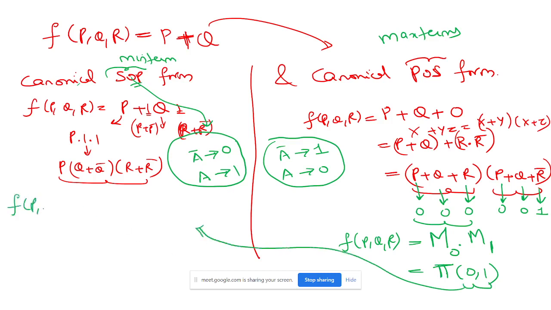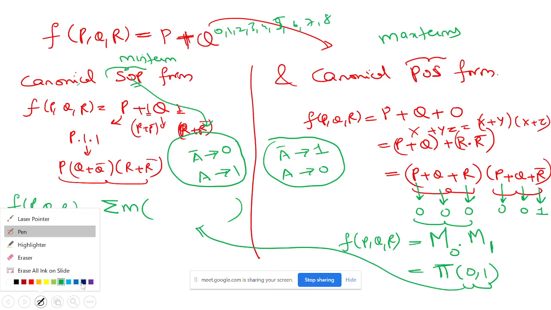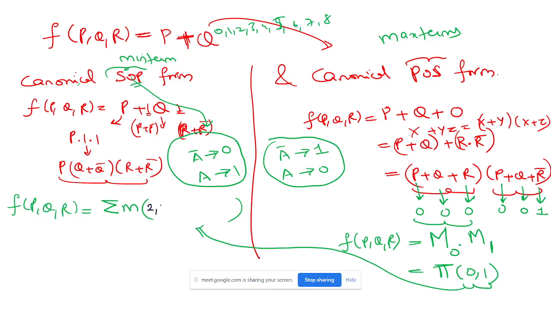So f of PQR can also be written as sigma m of 0, 1. How many minterms are there for 3 variables? 0, 1, 2, 3, 4, 5, 6, 7, 8, correct? Out of that, 0 and 1 are over. So what you will have? 2, 3, 4, 5, 6, 7, not 8, sorry. 8 doesn't come.